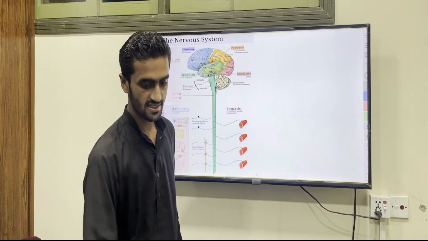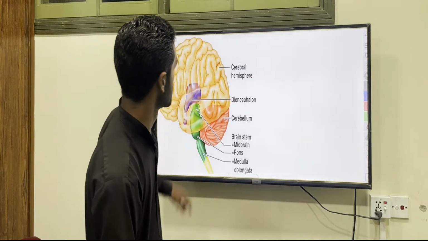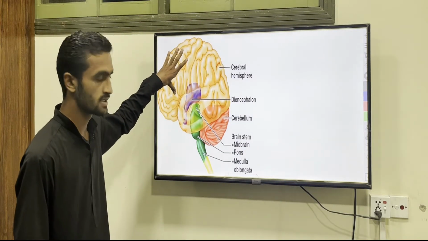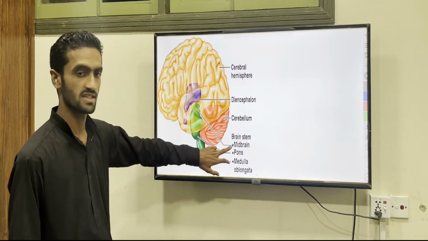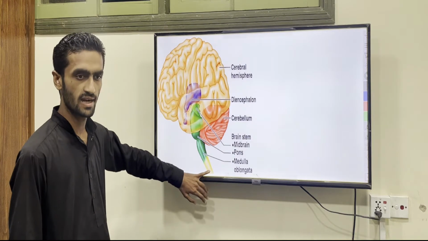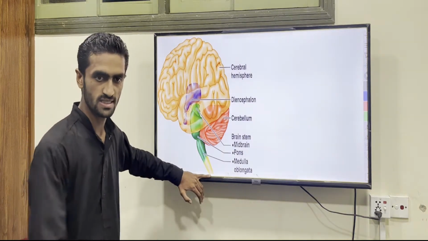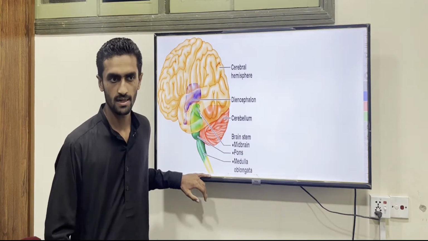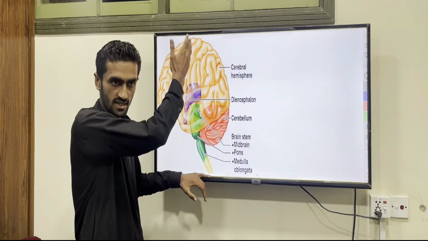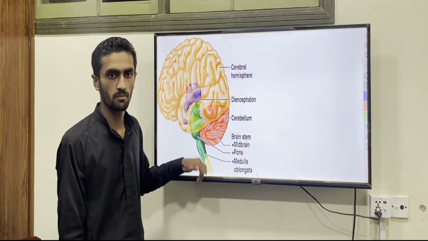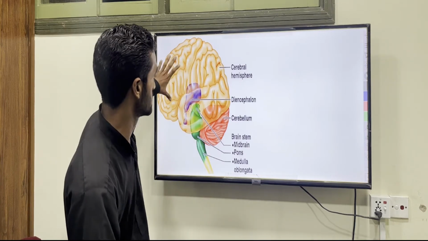Our concern is with the ascending tract. Here is the cerebrum, cerebellum, and the brainstem, which has midbrain, pons, medulla, and spinal cord. The same pathway is used for ascending and descending. Ascending goes across all these pathways, and descending comes down through the brainstem as well as these parts.